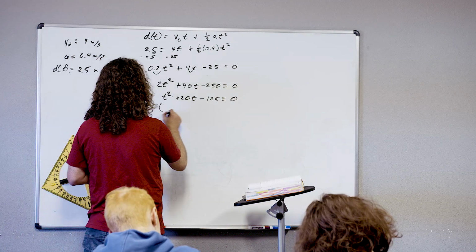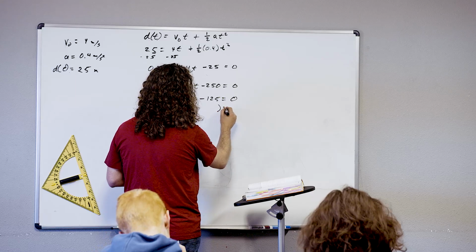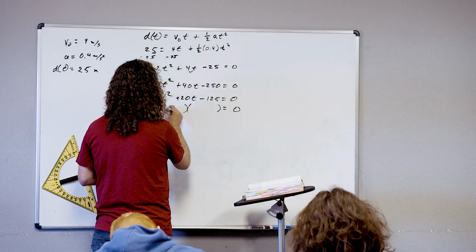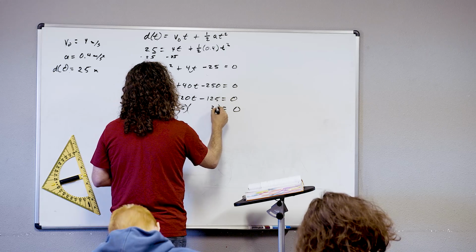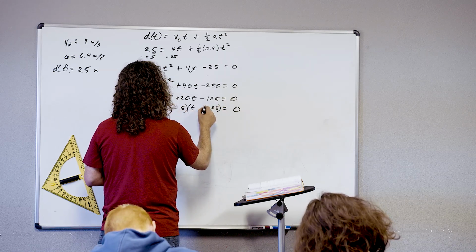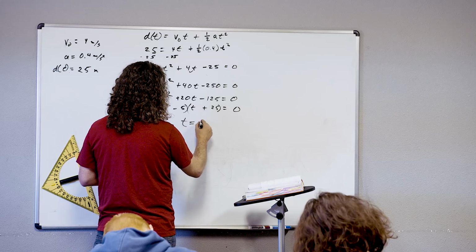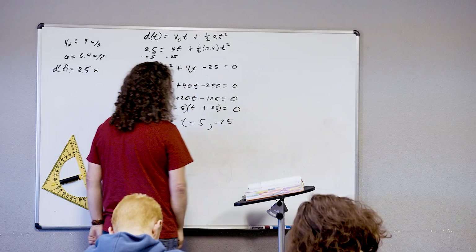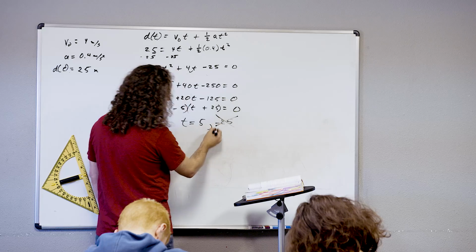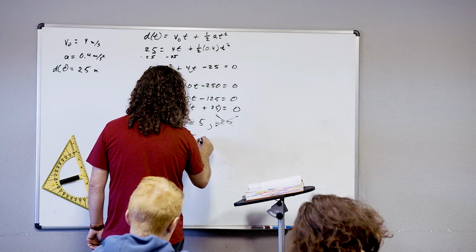What do you want to bet it's going to be negative 5 and 25? So when we solve that, we end up with time equals 5 seconds or negative 25 seconds. But we don't like that. So the answer is 5 seconds.